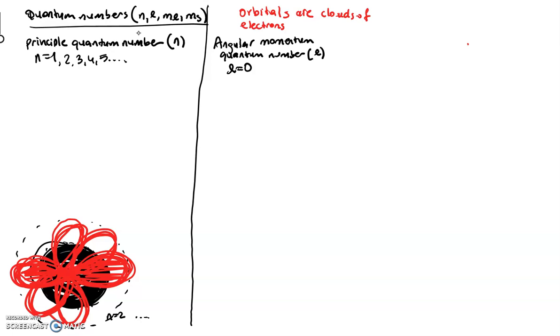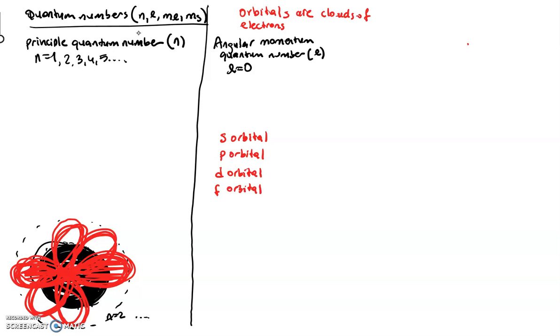Well, we've got four kinds of shapes. For l equals 0, we're going to call it the s shape. We can call it a sphere shape, s orbitals. We can call the dumbbell shapes p orbitals. And then we can say d orbitals, and we can say f orbitals.